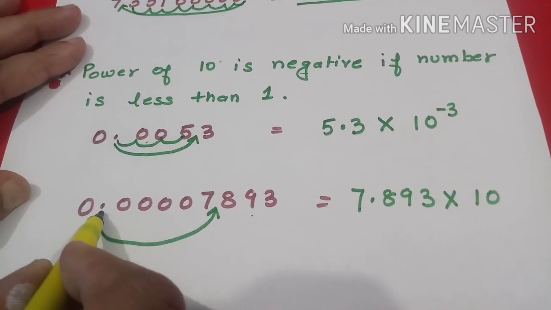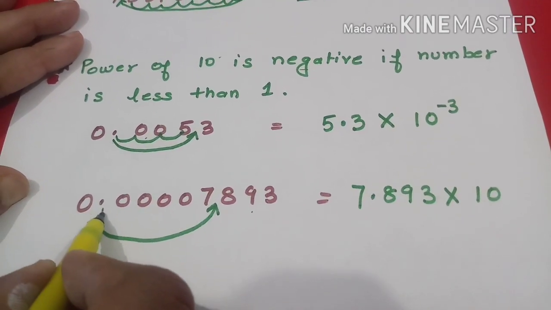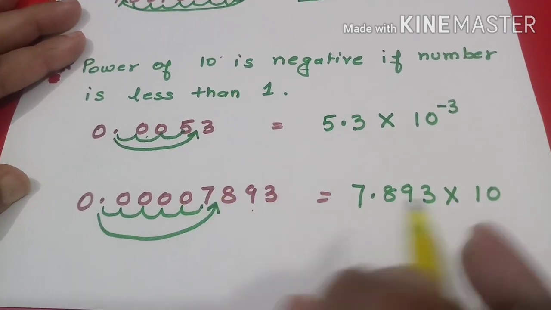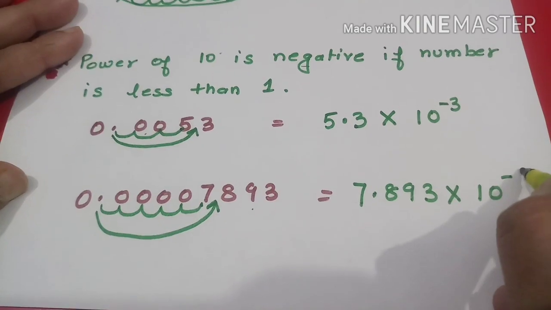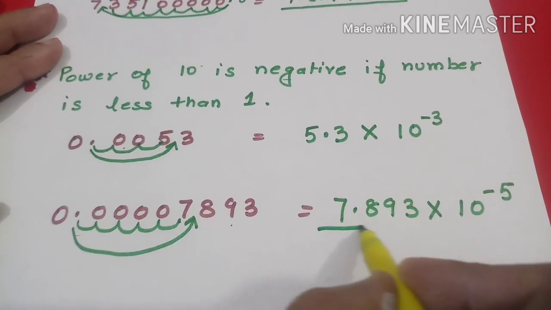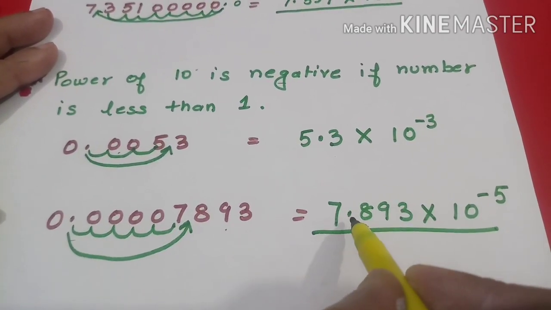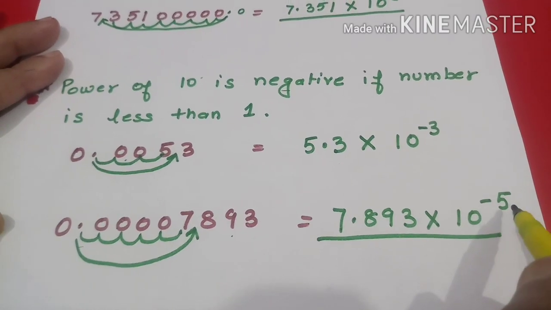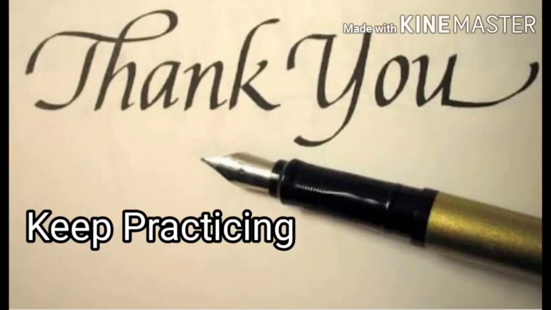Now let's see how many places it has been shifted: 1, 2, 3, 4, 5. So the power is minus 5 as this number is less than 1. So my scientific notation for this number is 7.89 multiplied by 10 raised to power minus 5.